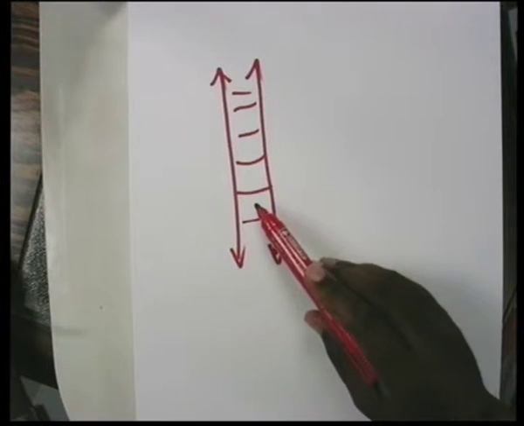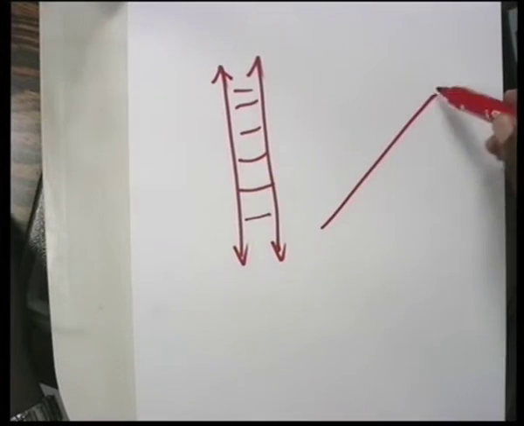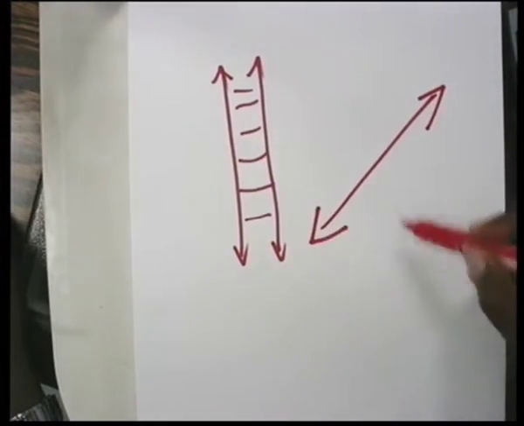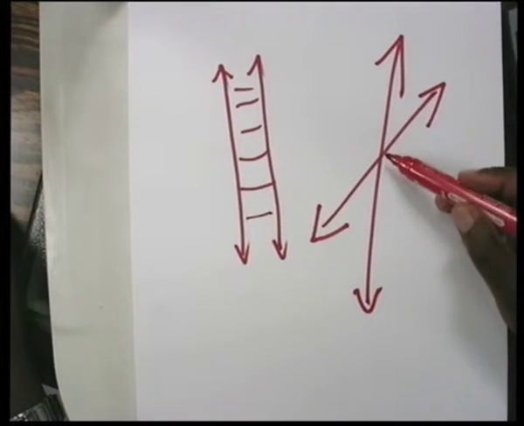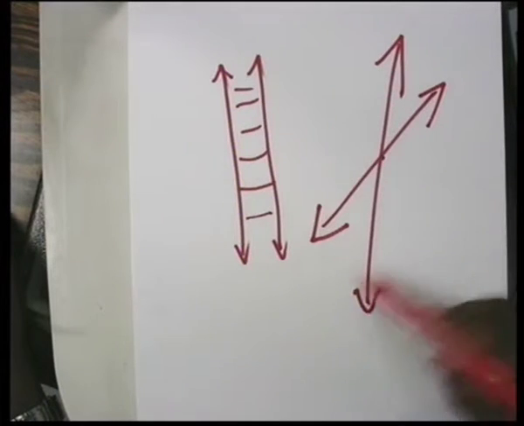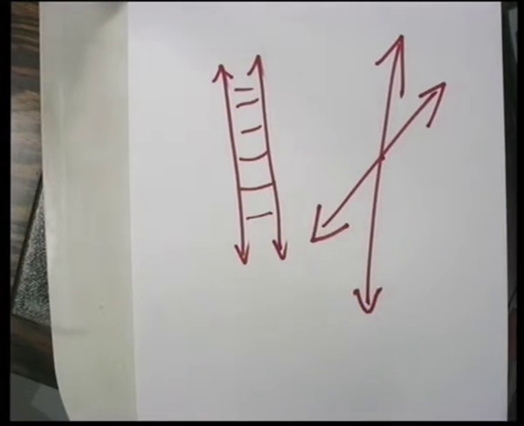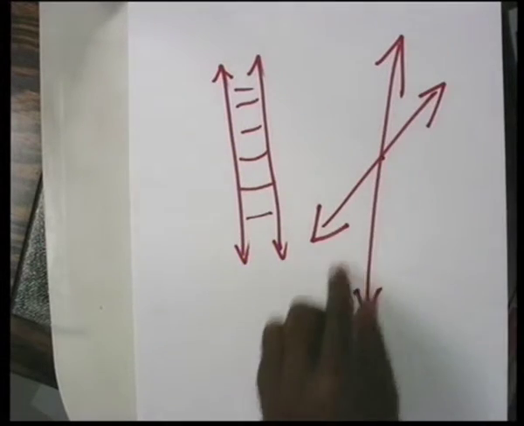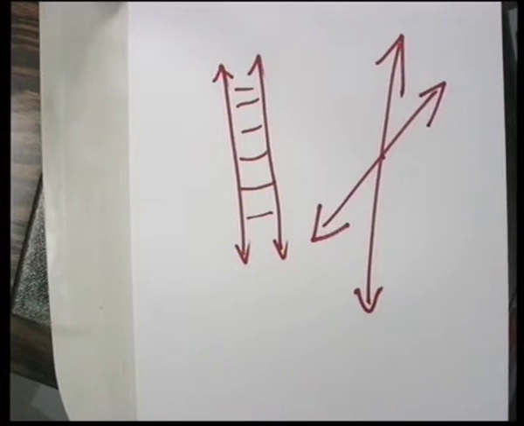Those are called parallel lines because they will never cross each other. But if you have a line like this one, and another line comes there, you can see that these lines cross each other here. So they are not parallel. If they are parallel, they never cross. If they are not parallel, they will one day cross. As you extend them, somewhere, somehow, they might cross each other.